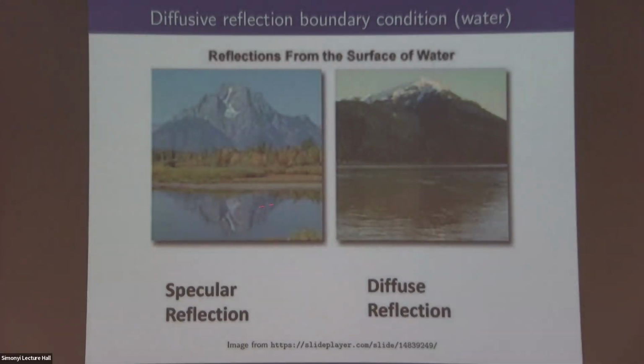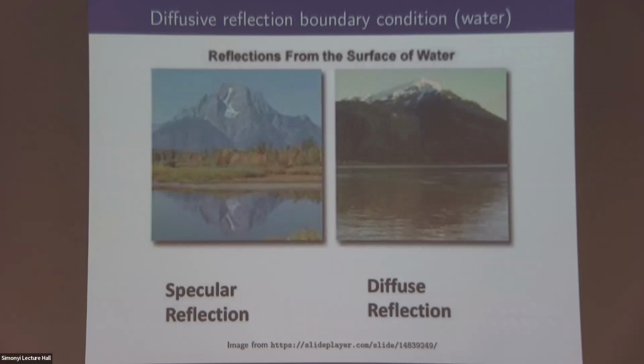I stole this other picture from somewhere too. With specular reflection, the image of the mountain is reflected almost perfectly. With diffuse reflection, the water is choppy and you just get a big mush. Everything is mushed together, and that's what diffuse reflection does.